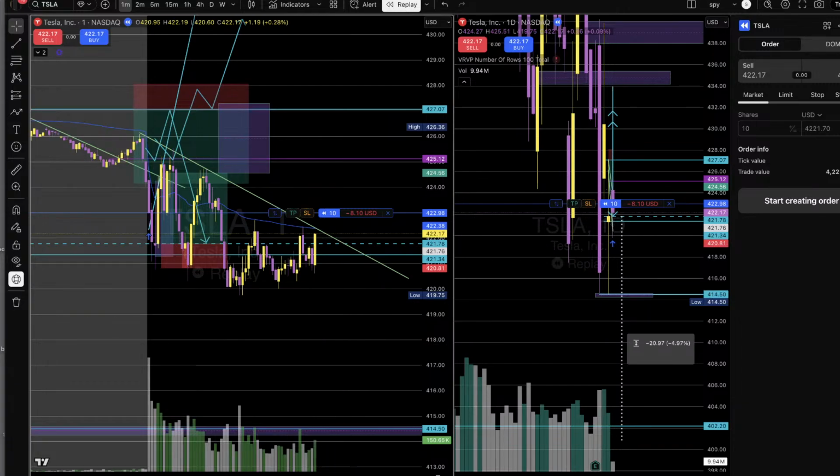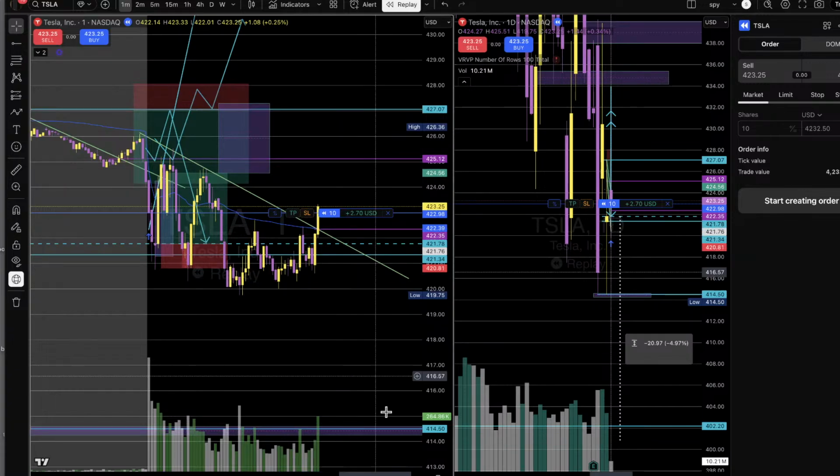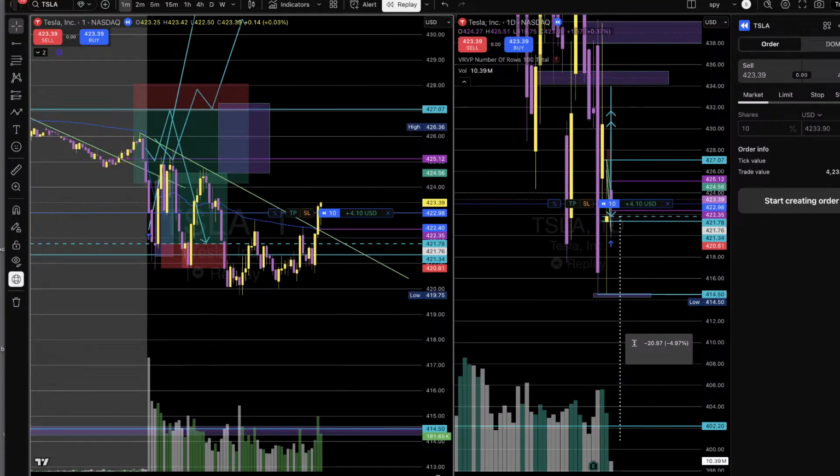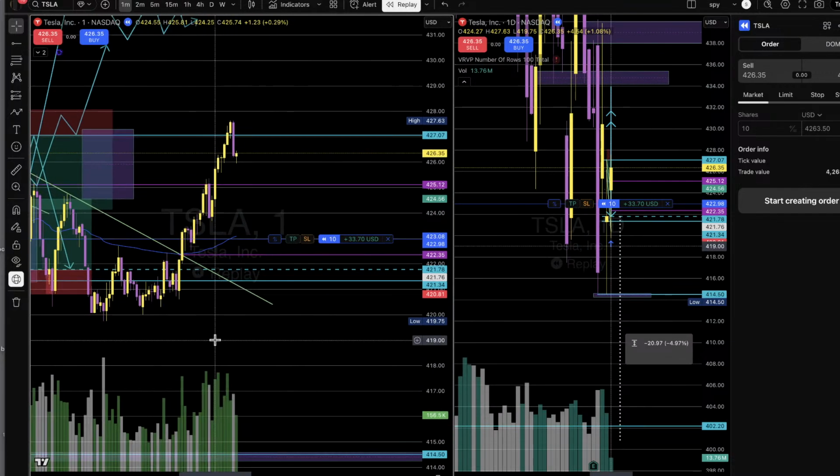Shoot, man. Okay, I mean that's a trend break, but it's already like 9:25. You know, an entry would be at a retest of that. Was that a retest? Maybe. Oof.